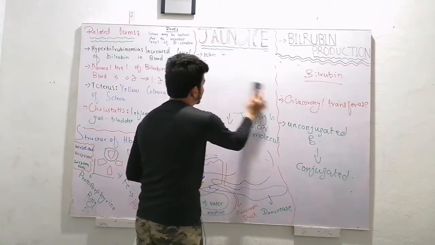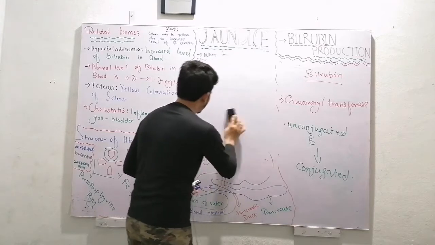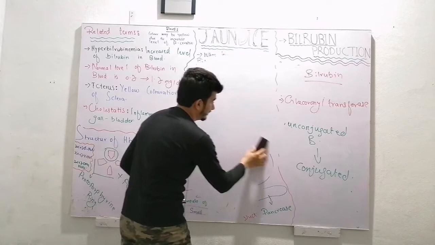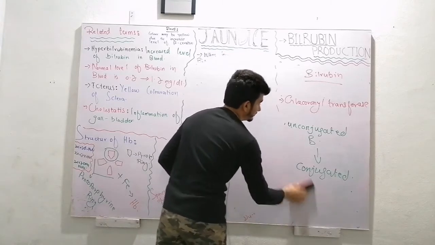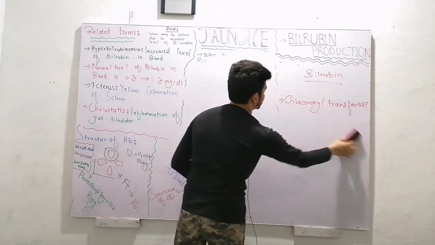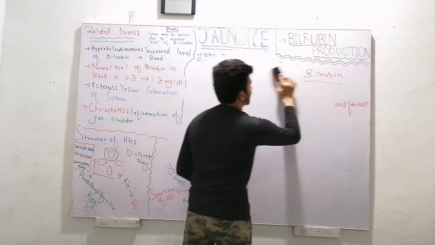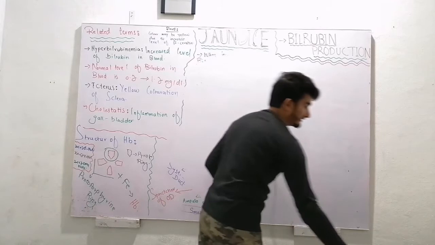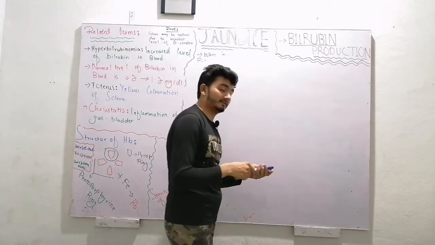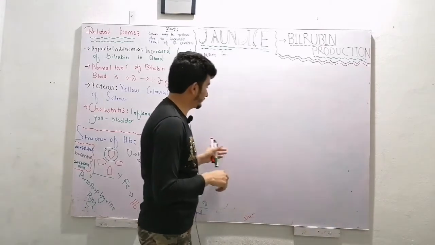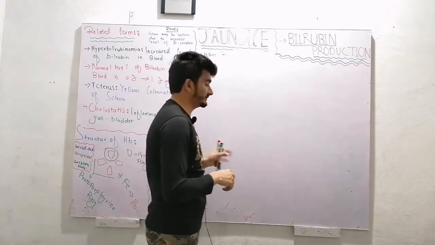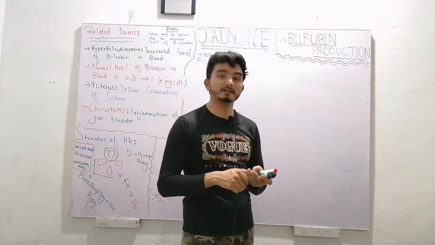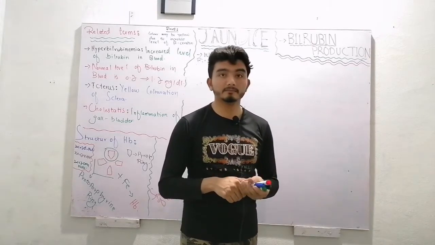So after this, once the conjugated bilirubin forms, it will enter the small intestine. Through which? As I told you before when studying the physiology, there is a special duct which comes from the liver, and that is called the common bile duct.